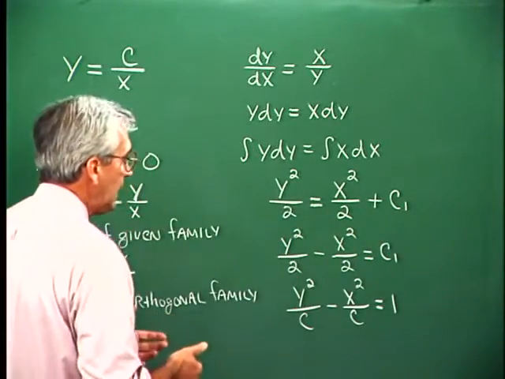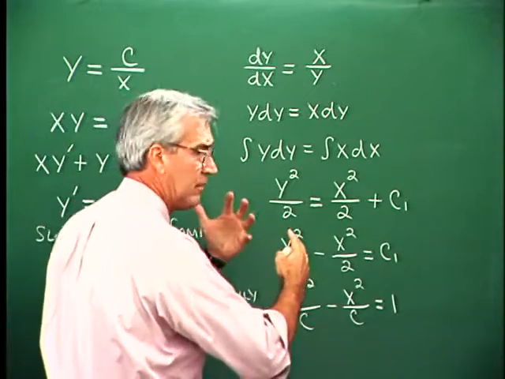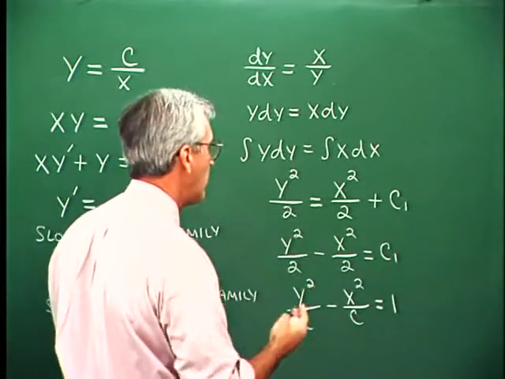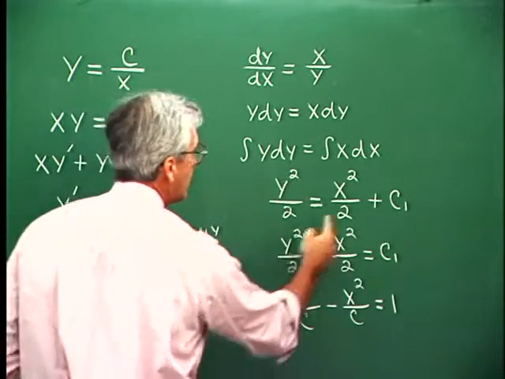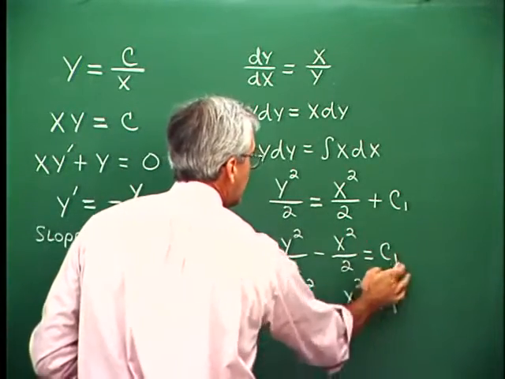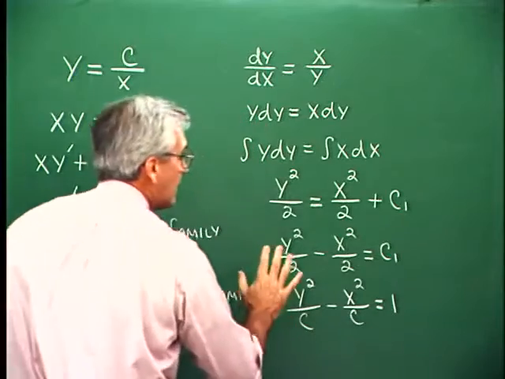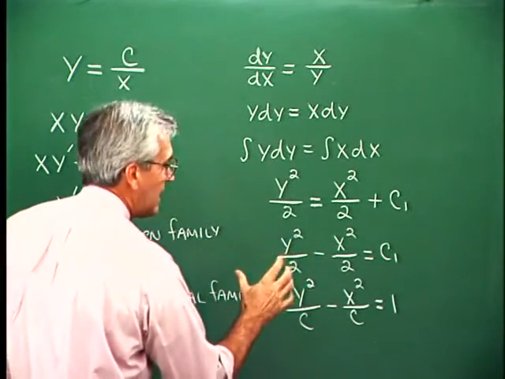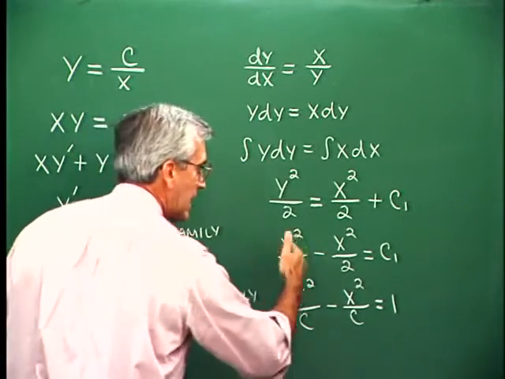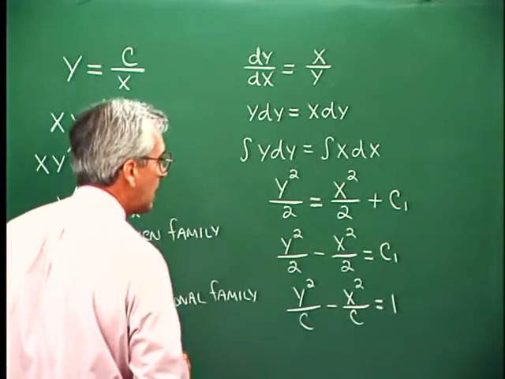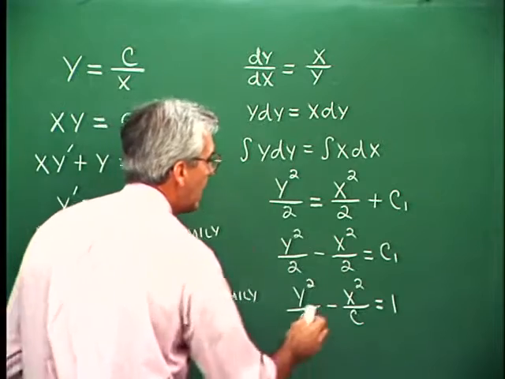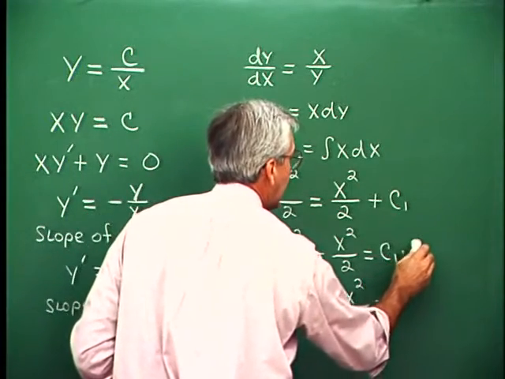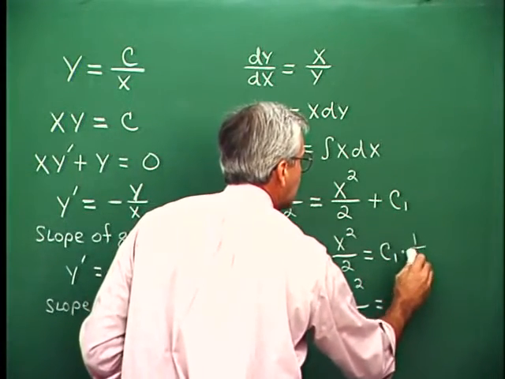Now, this particular one lends itself to a form which is rather familiar to us from college algebra. If we move this term to the other side, then we would have this. And it's beginning to shape up, you see, as the equation corresponding to a hyperbola. And it will if we can make this appear to be 1. And we can do that by multiplying on both sides by 1 over c sub 1.